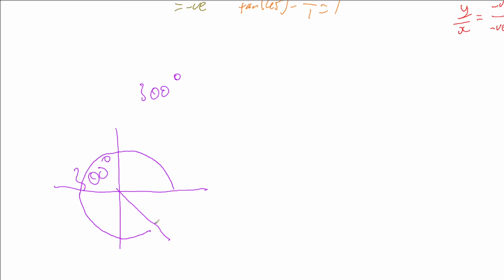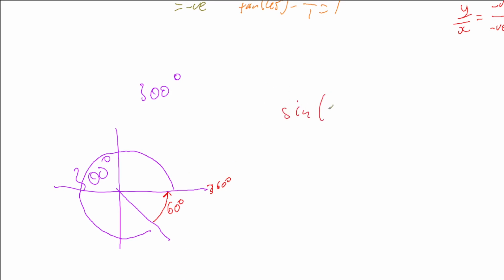Now if I look at taking this angle back to the closest x-axis, which in this case is this one, I won't want to come back here because that's too far away. This is closer. A full rotation would be 360 degrees. So 360 minus 300, that would mean that this is a rotation of 60 degrees.